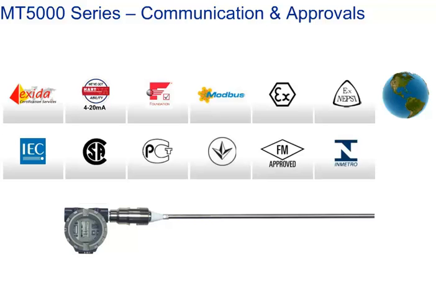Once the electronics type has been determined, we can evaluate the coupler design to meet the application. Couplers are supplied standard with threaded connections. However, a wide variety of process seal designs are available depending on the pressure, temperature, and material compatibility requirements.